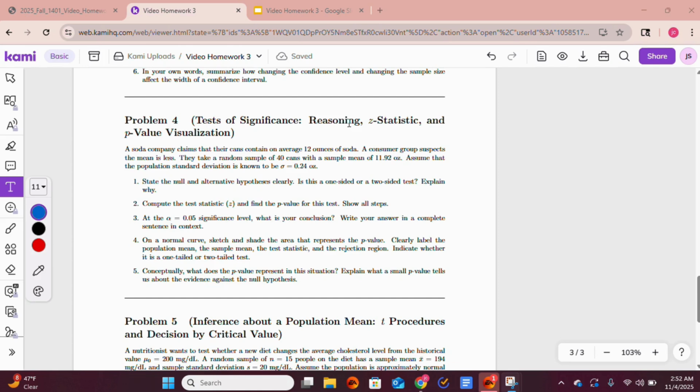It then asks us, state the null and alternative hypothesis clearly. Is this a one-sided or two-sided test? Explain why. To answer this, the null hypothesis is mean equals 12, which represents the company's claim, and the alternate hypothesis is mean is less than 12, which represents what we're testing for. This is a one-sided test because we're only looking for one thing, which is seeing if the mean is smaller.